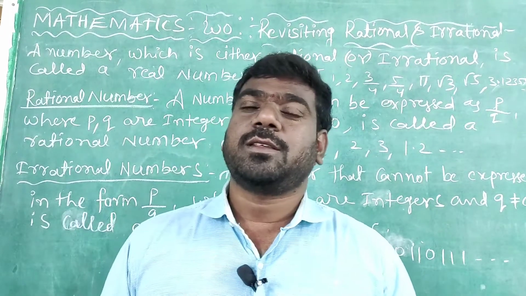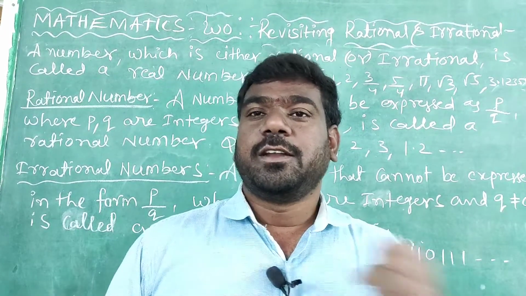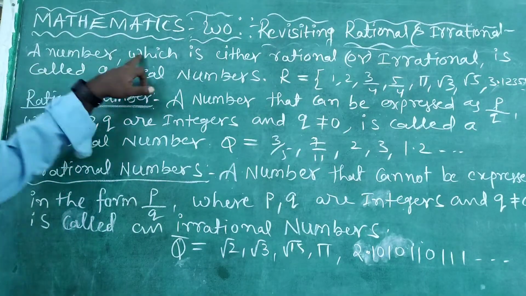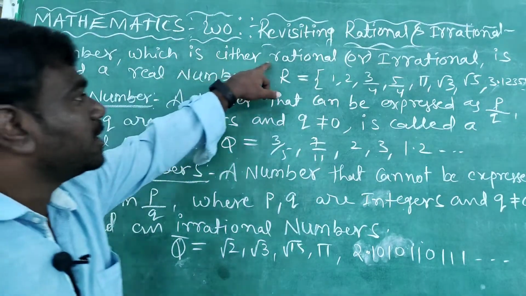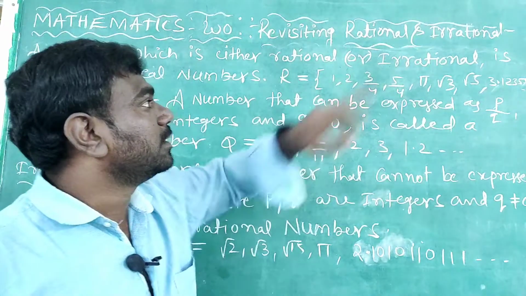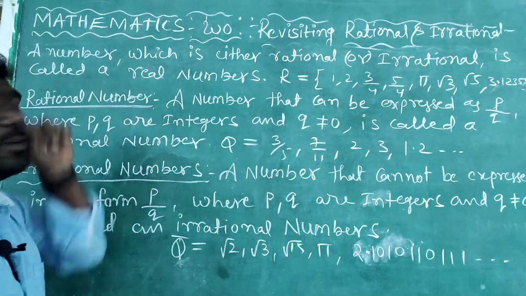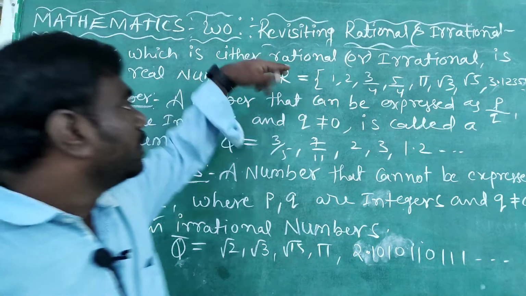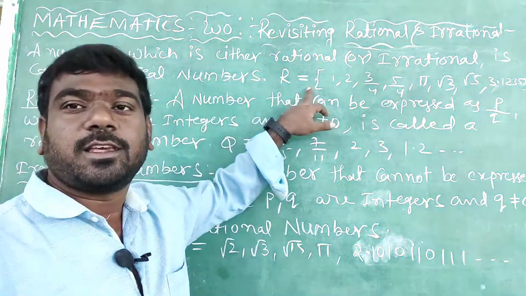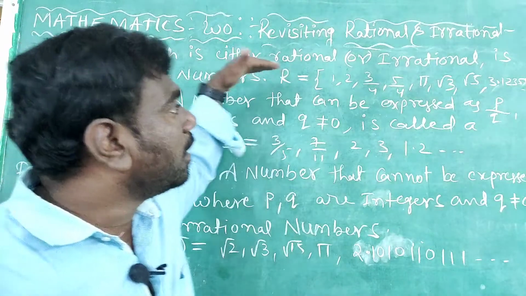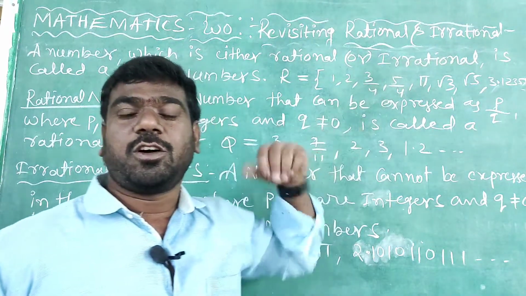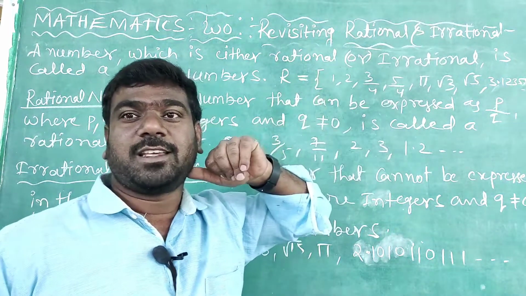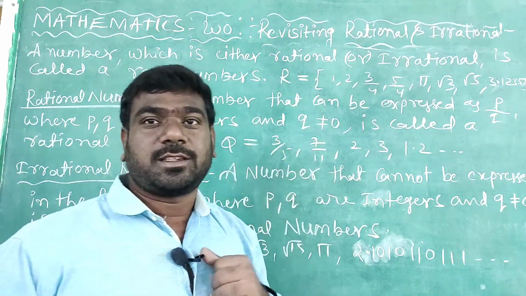So real numbers, simply we can write the definition as: a number which is either rational or irrational is called a real number. Therefore, real numbers equal the set of all types of numbers. The combination of rational and irrational numbers is called real numbers.